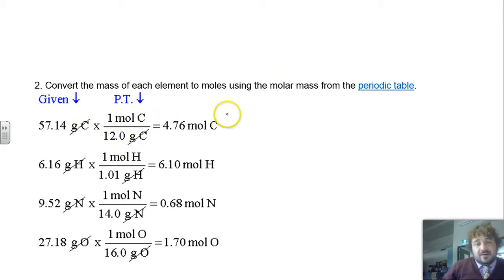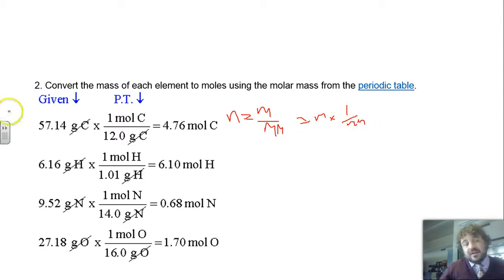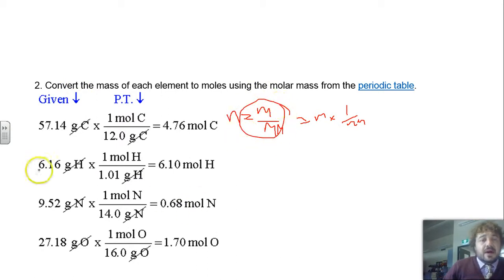Again, using moles equals m divided by big M, which is also equal to m times 1 over, and that's where they've ended up. So stick with this one, and we've got the same answers here.